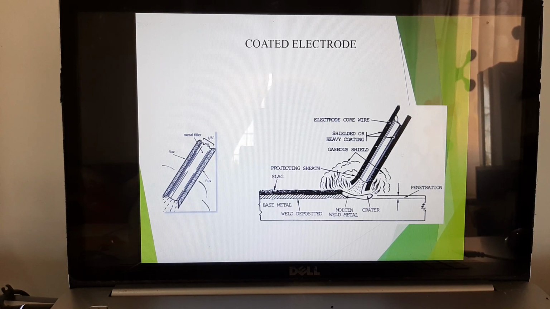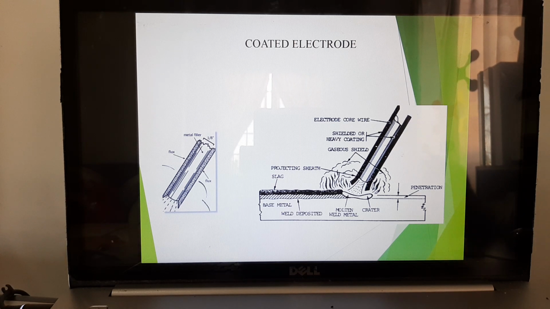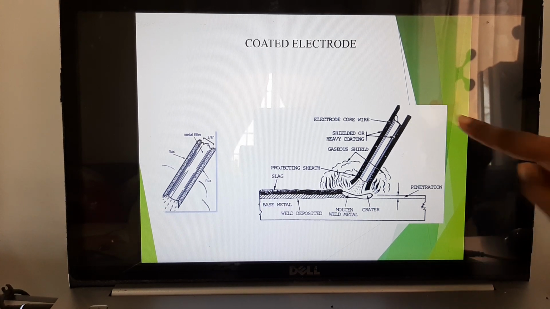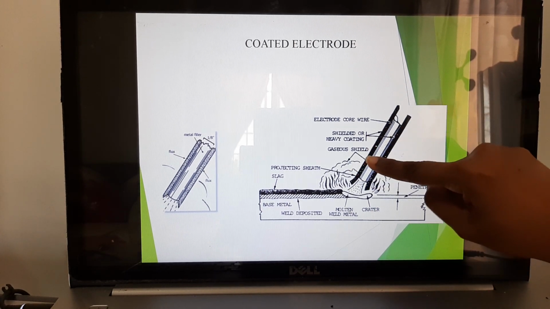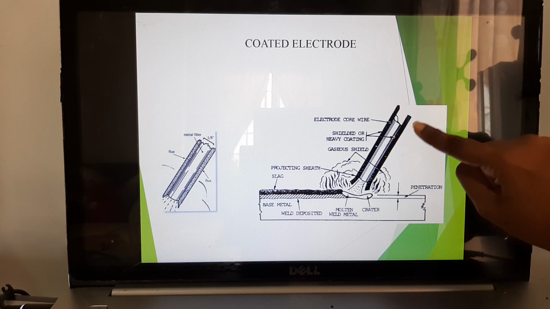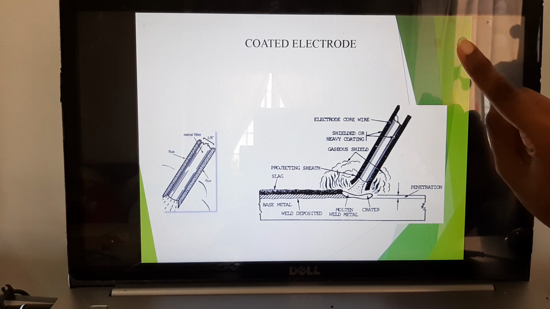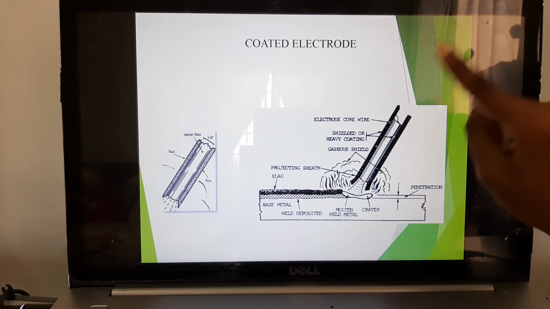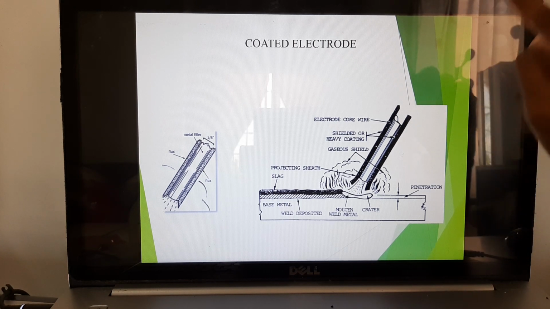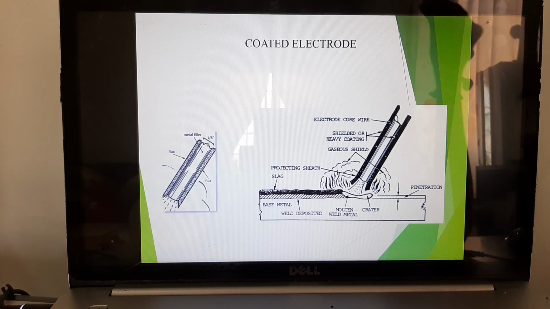If you see your electrode here, bare electrode has no coating. If it is a light or heavy coated electrode, if you look at the structure over here, this is your electrode, and the black outer surface here is your shield. It may be a heavy coating or a light coating, it does not matter, because the coating constituents have substances to protect your weld area from oxidation.